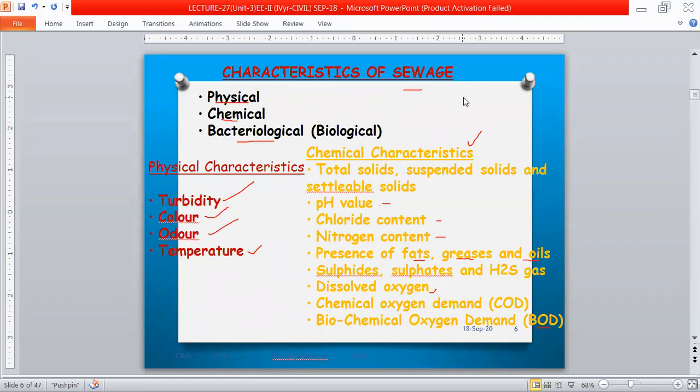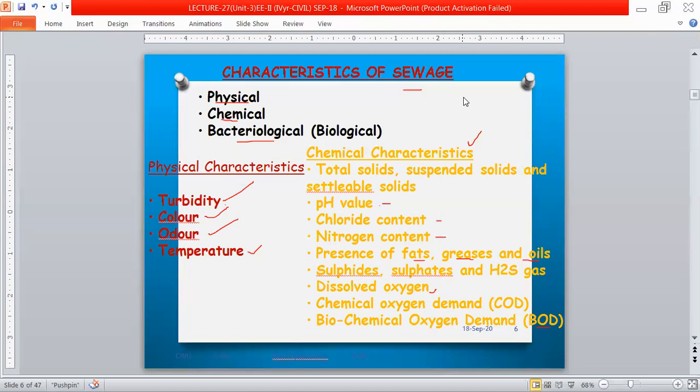For the new students, we are in Unit 3, where we are discussing wastewater quality. Before going for treatment, what are the things we have in the physical characteristics, the chemical characteristics, and the biological characteristics?